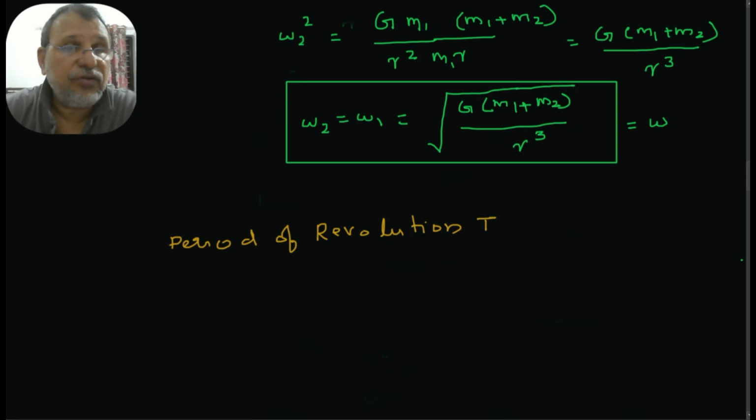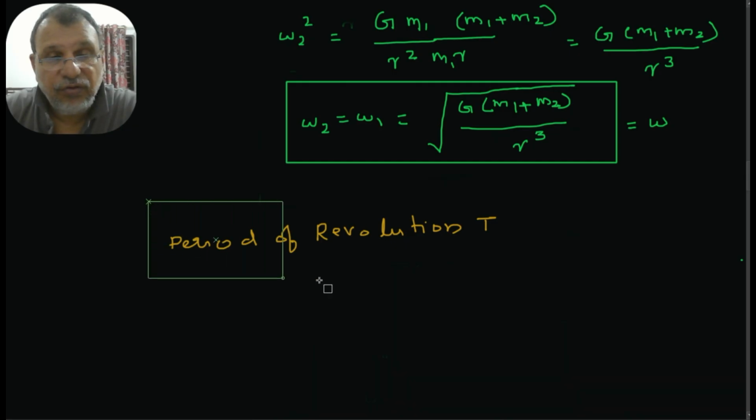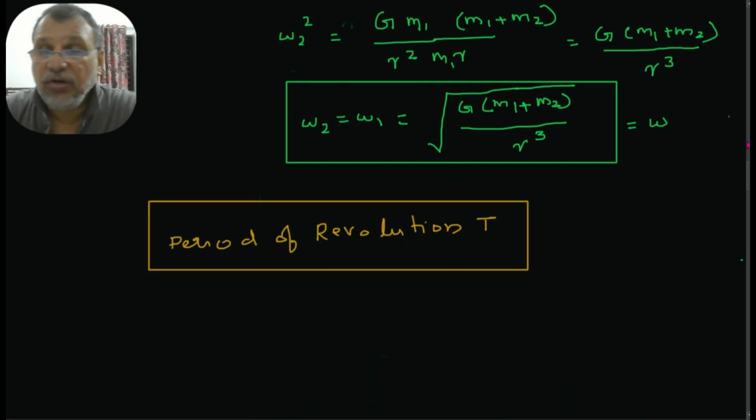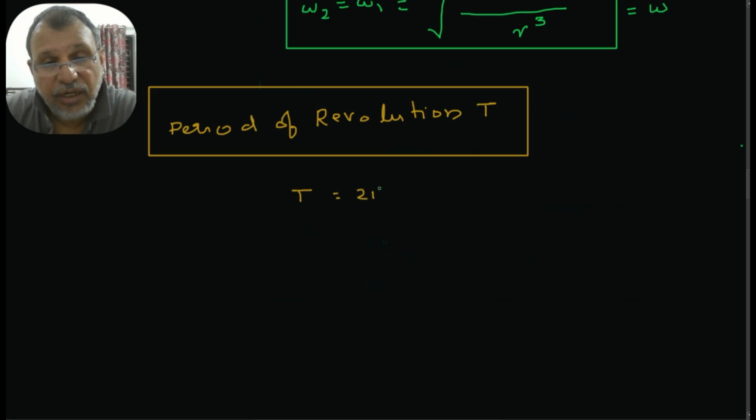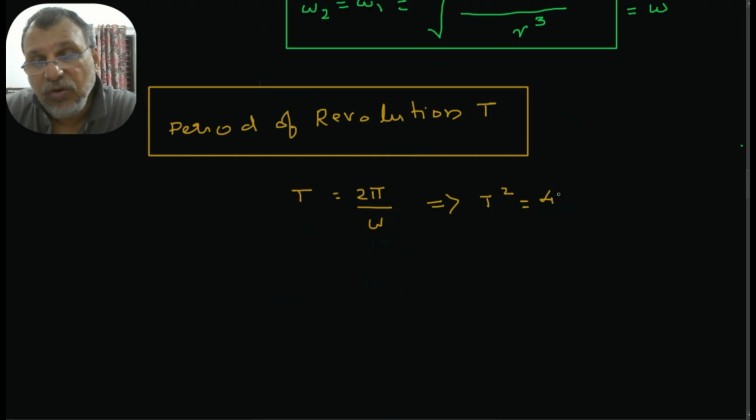We get the expression for period of revolution T. Of course, T is equal to 2 pi over omega, which implies that T squared is equal to 4 pi squared over omega squared.